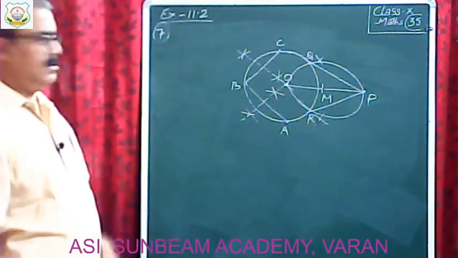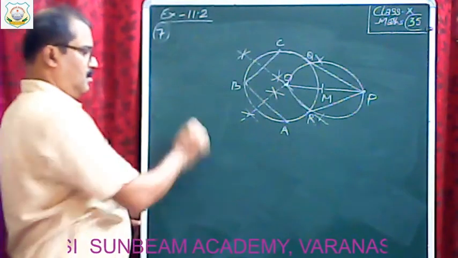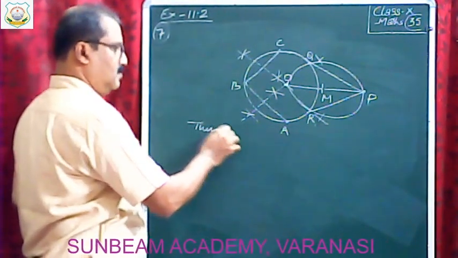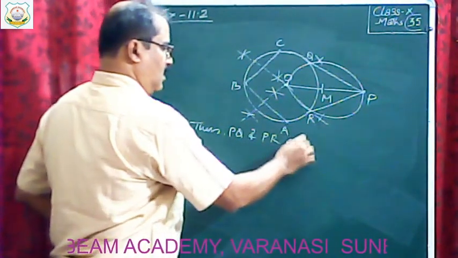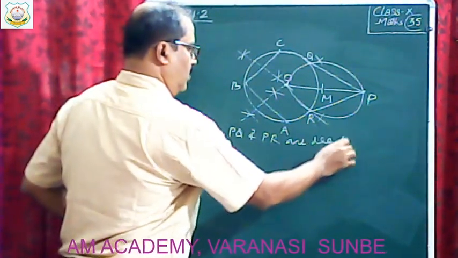That part you know, everybody. So write thus: PQ and PR are the required tangents.